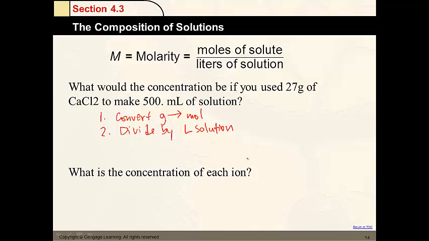For the concentration of the ions, when it's calcium chloride, we get 1 calcium and 2 chloride. So whatever you find for the molarity, I'll just call that M here. This is also going to be M. This is going to be 2 times whatever you get for the molarity. So keep that in mind, please.